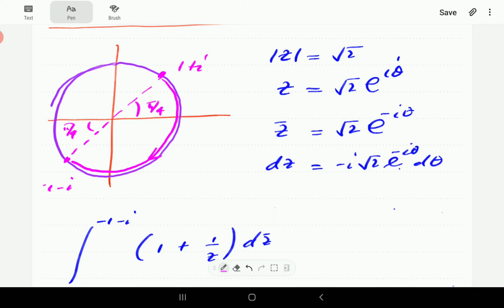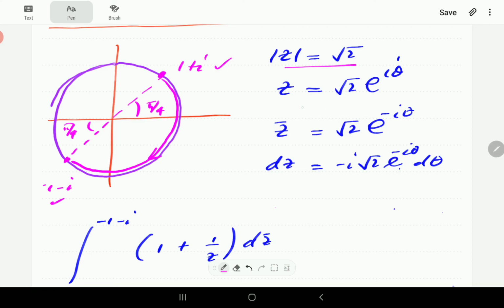All right, so in this case, we're integrating from 1 plus i to negative 1 minus i, along the circle mod z equals square root 2. So we parameterize in a manner that we've already demonstrated before.